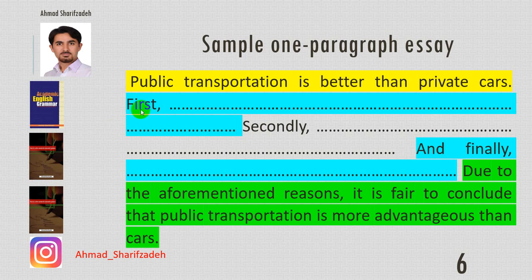Here you can see first, secondly, and finally. Instead of secondly, you can put first, second, and third. Okay, first, next, and finally. You can actually use different words here, but I use first, secondly, and finally.